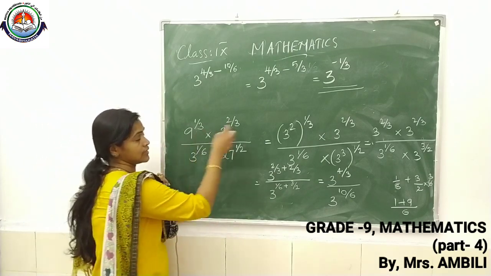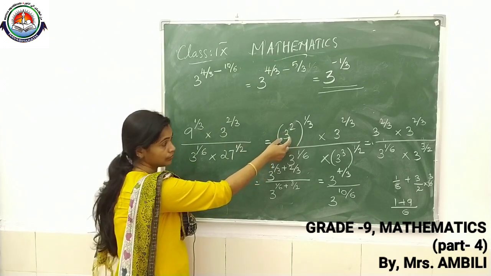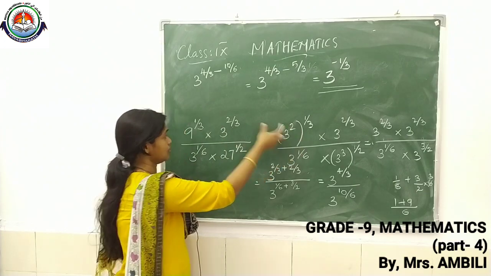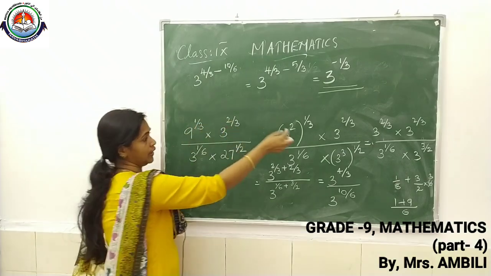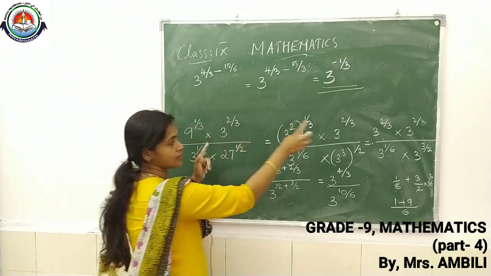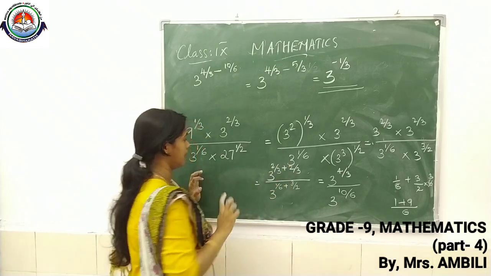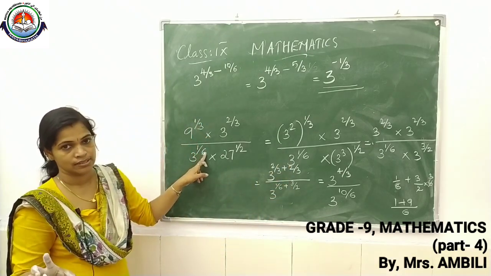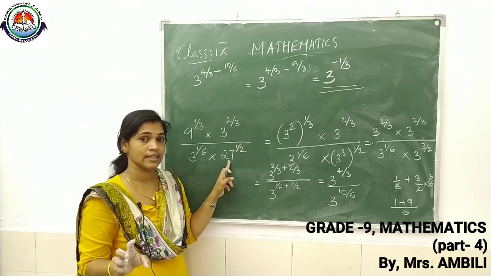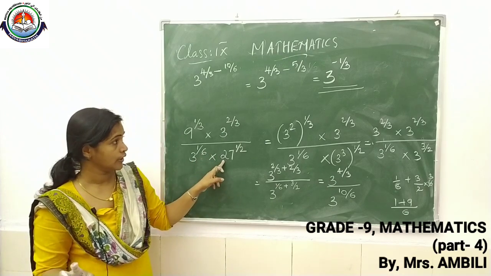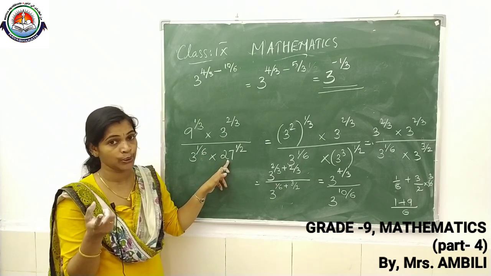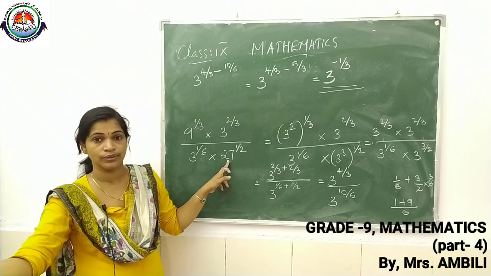9 we can write as 3 square. That is 3 square raised to 1 by 3 into 3 raised to 2 by 3, no change. 3 raised to 2 by 3 divided by 3 raised to 1 by 6, no need to change. 27 raised to 1 by 2. 27 equal to 3 cube. 3 into 3 into 3 is 27.